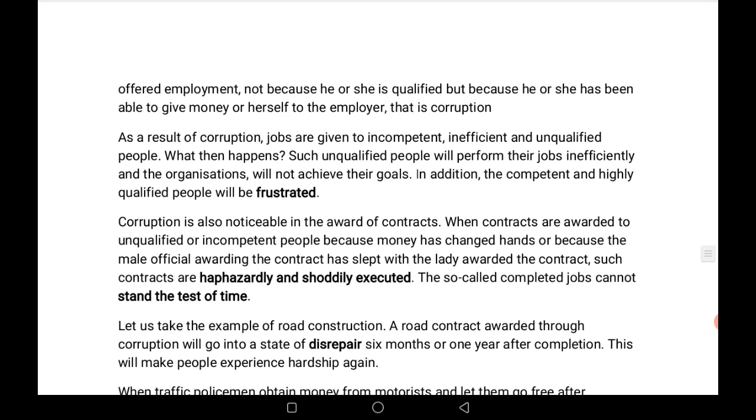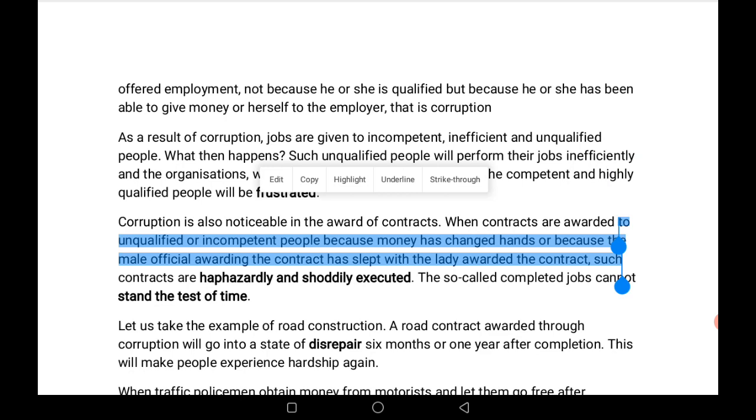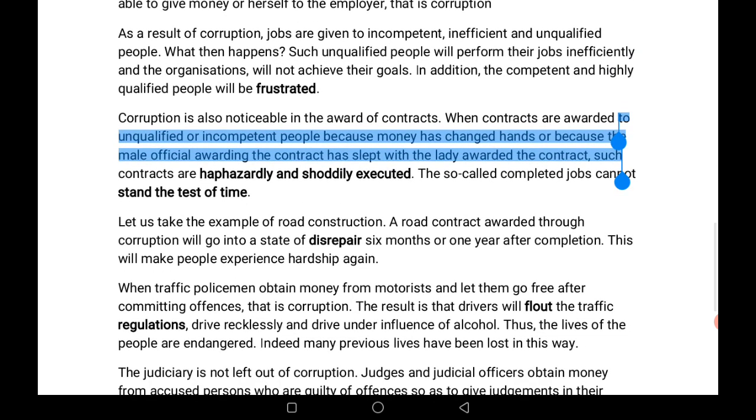As a result of corruption, jobs are given to incompetent, inefficient, and unqualified people. What then happens? Such unqualified people will perform their jobs inefficiently and the organizations will not achieve their goals. In addition, the competent and highly qualified people will be frustrated.